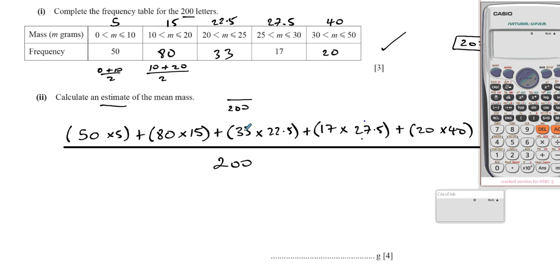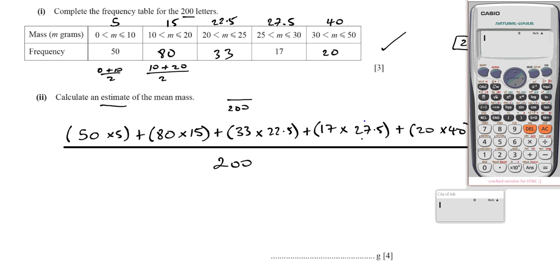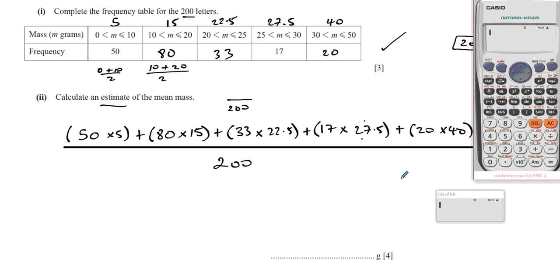If you've written this down exactly as it is, and you make a mistake somewhere in your calculator, then you'll probably get 3 marks out of 4. However, if you just wrote the answer down incorrectly, even though you did the right thing, for example you put 35 instead of 33 in your calculator, and your answer's wrong, you're liable to lose all the marks for this question. So it's like throwing away marks.